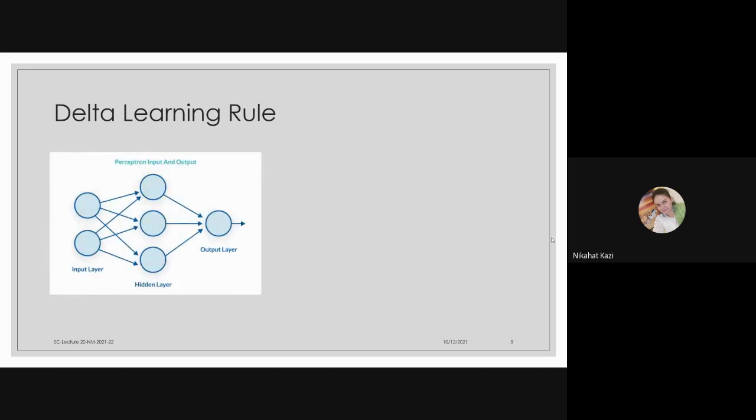A multi-layered perceptron network is one which has some intermediate hidden layers. We have already seen this kind of an architecture when we were discussing the very basics of neural networks in the introductory lecture of this unit. You have the input layer, one or more hidden layers, and finally the output layer, and each of these was a perceptron.